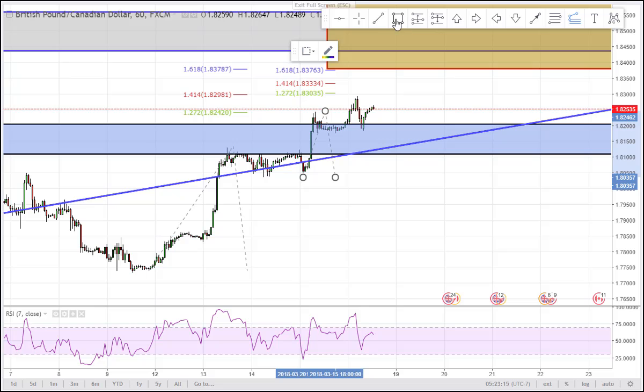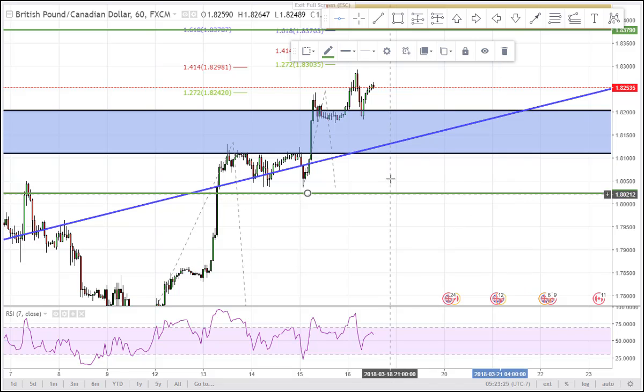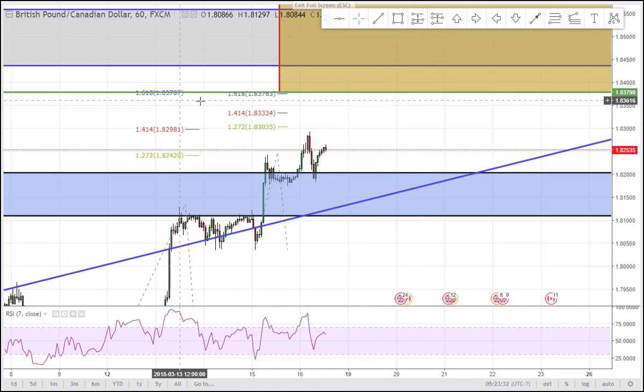So right at this area, let's say we have a confluence of a 1618. So this could be the first level that we're looking for as a second extended take profit.